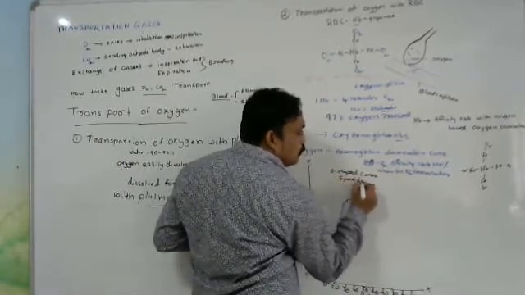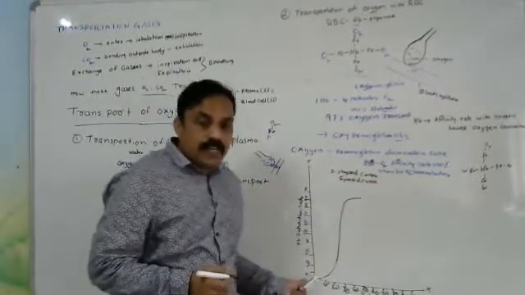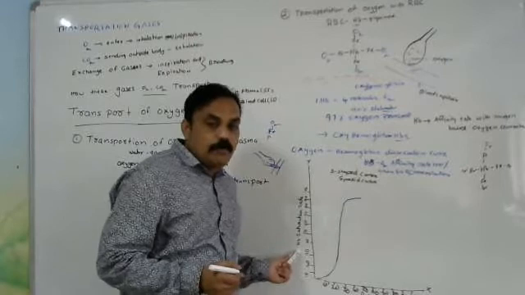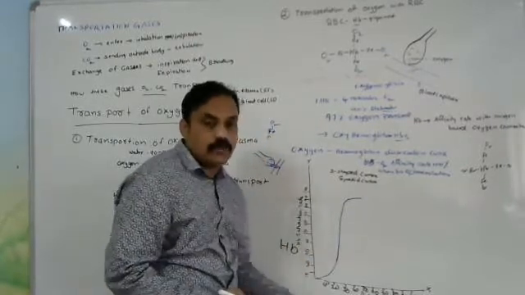Sigmoid curve. How does this sigmoid curve come? First of all, this is hemoglobin Hb, this side oxygen.